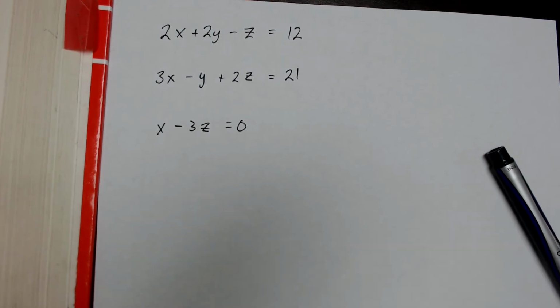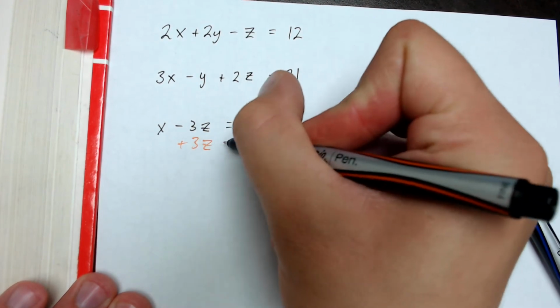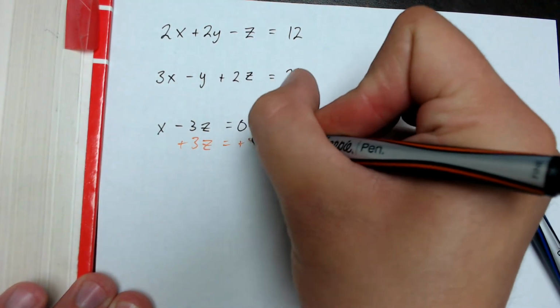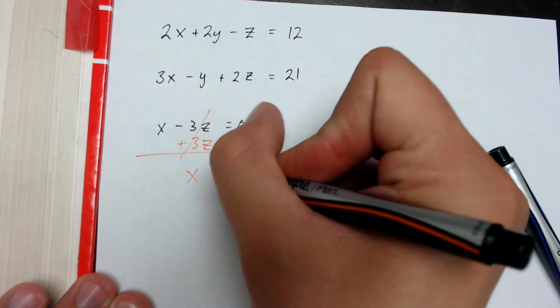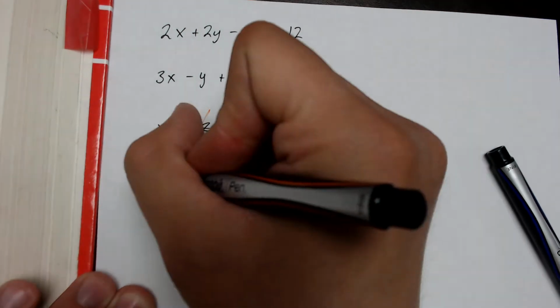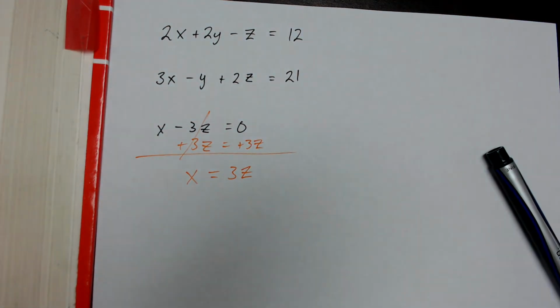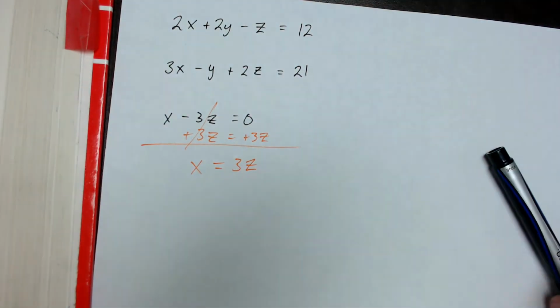So I'm going to start by solving for x. If I add 3z to each side, this will cancel, and then I get x equals 3z. So first equation. Now I'm going to take this and substitute it into both of these equations.